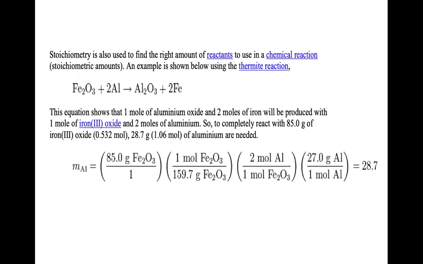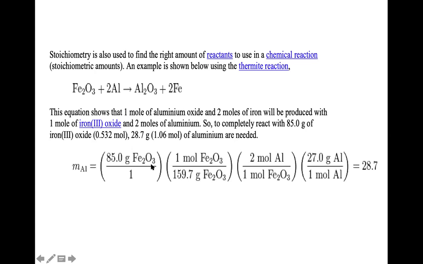So this can be easily calculated because you know the molecular weight of iron and the molecular weight of oxygen. One mole of ferric oxide is 160 grams, because 48 here comes from 3 multiplied by 16, the molecular weight of oxygen, and the rest is iron, 2 atoms of iron.